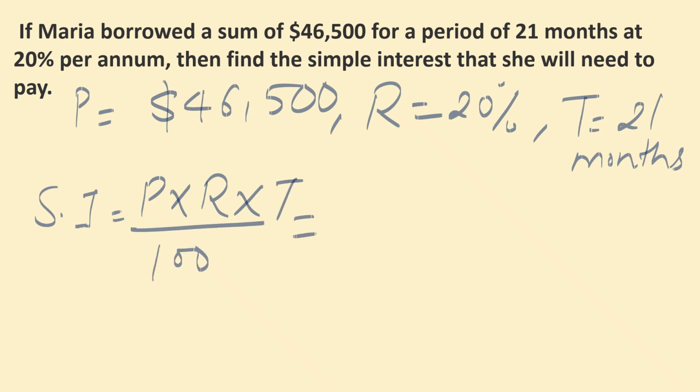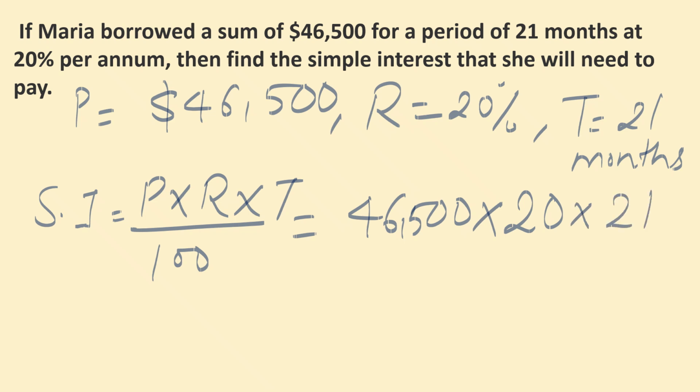Now my P is 46,500 multiplied by my R which is 20, multiplied by the time period 21. It's 21 months.